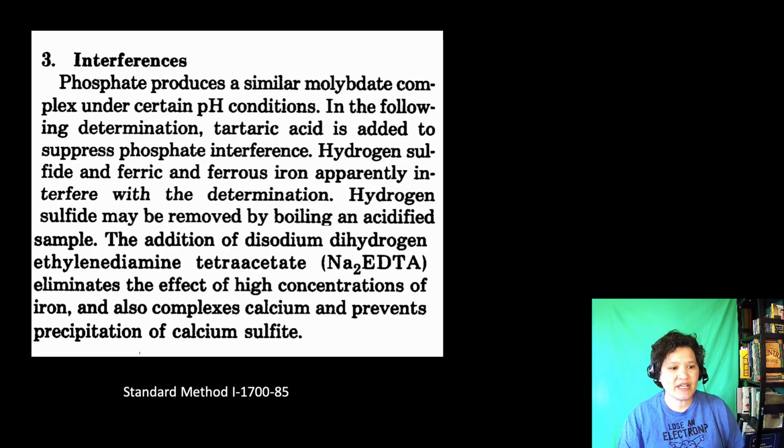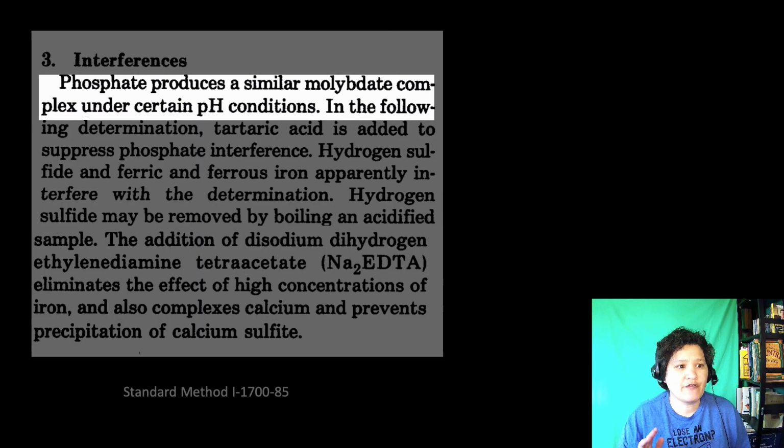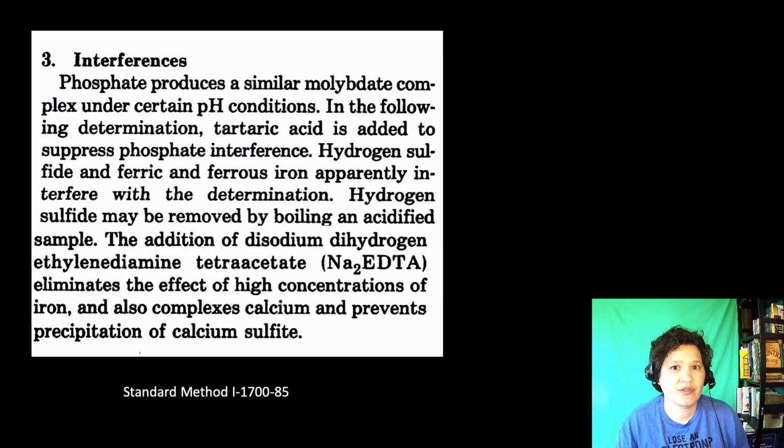And it has this whole section called interferences. And there are two sentences in this section that I want to zero in on. First, phosphate produces a similar molybdate complex under certain pH conditions. Phosphate reacts to our probe the same way that silica does.